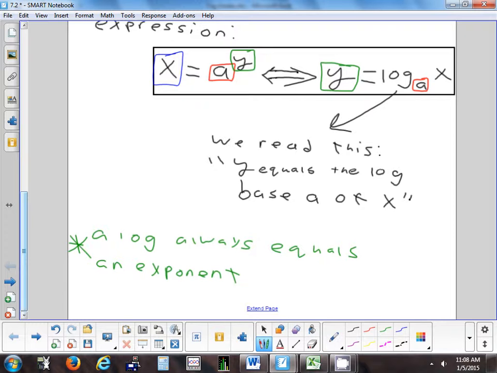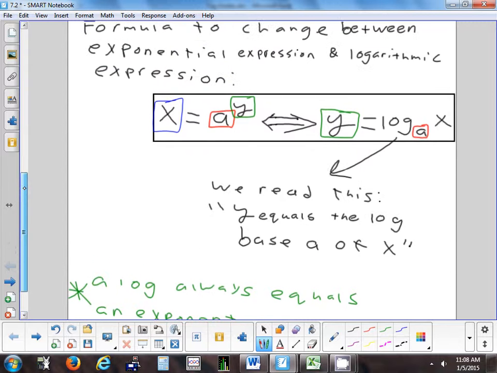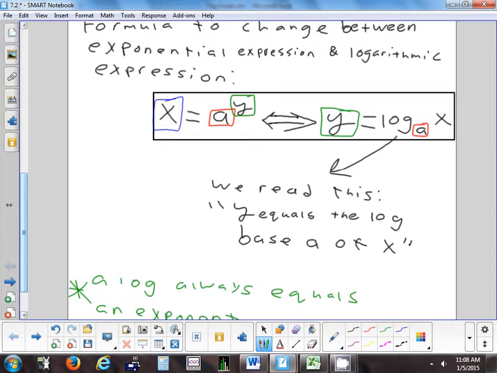A logarithm always equals an exponent. That's what a logarithm is. It's used to find an exponent, especially when the exponent is a variable. So a logarithm always equals an exponent. Okay, so if you know that, you take your logarithm and you set it equal to your exponent, which was a y.